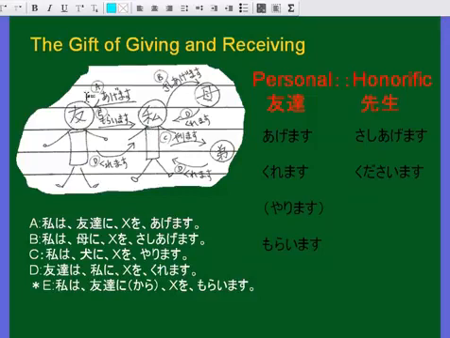Now, if I'm not the subject and someone else is the subject, then it would be 友達は私にくれます。They give me something. Right? Now, if haha was giving me something, this is not correct right here.